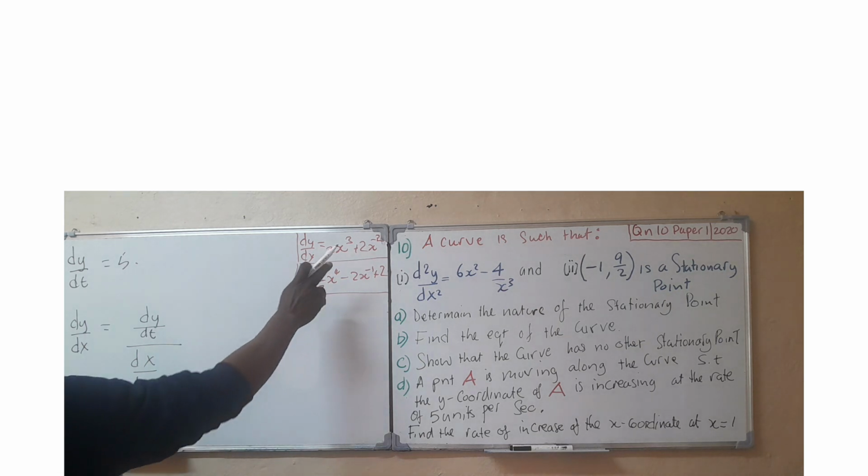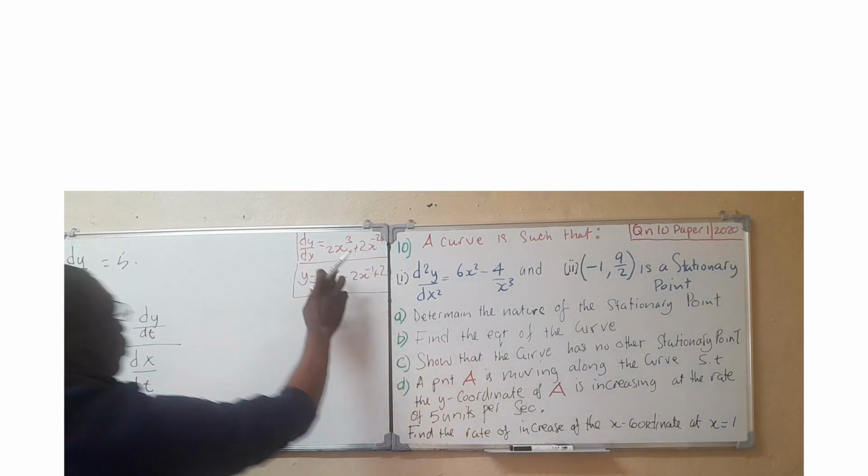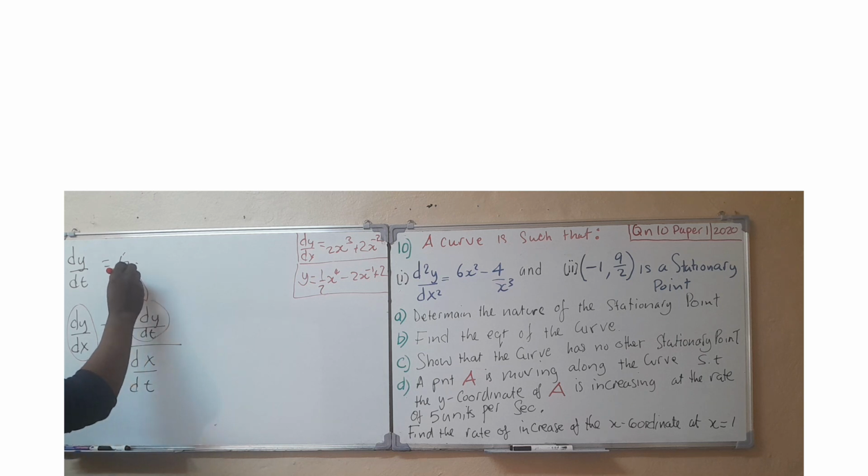Yes, we have an expression for dy/dx, and when we put 1 there, we can actually get a number for dy/dx. Do we have dy/dt? Yes, it's given. It's this value here. Do we have dx/dt? No, that's what the examiner is looking for. So, okay, let's put in what we have.